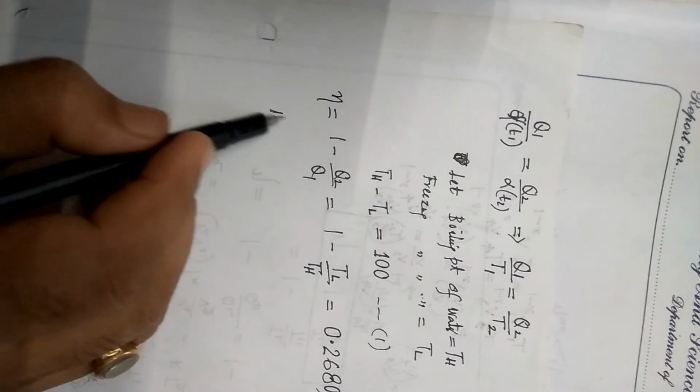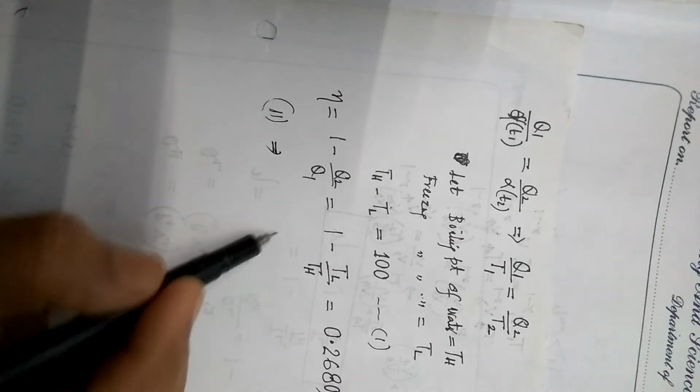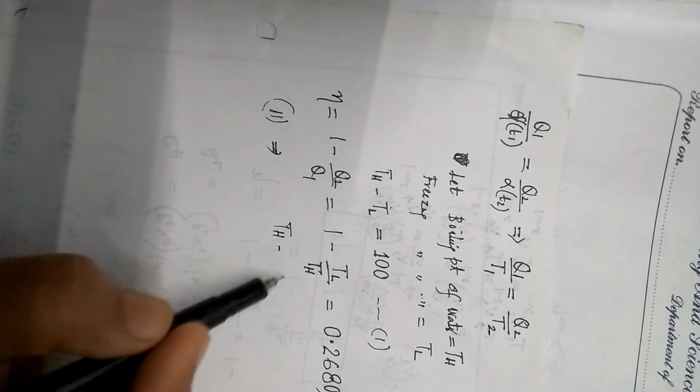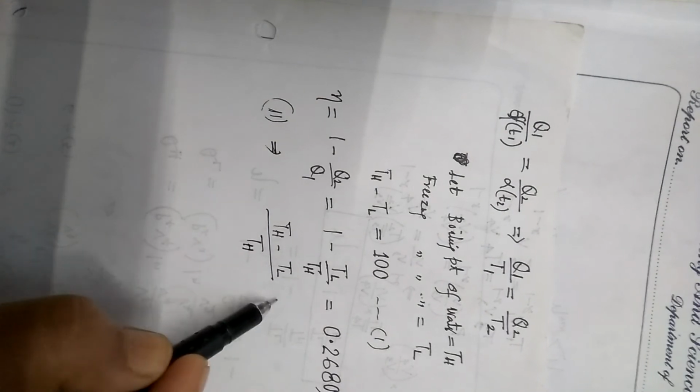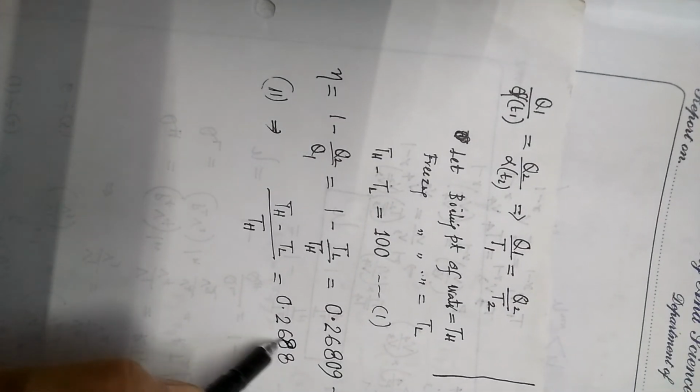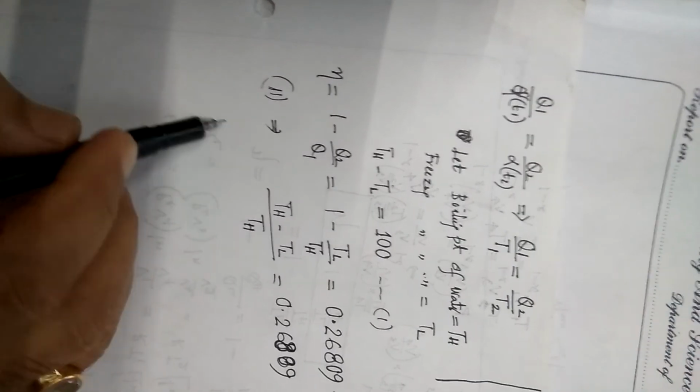So from 2, what we get, TH minus TL divided by TH is equal to 0.26809. And TH minus TL is 100.